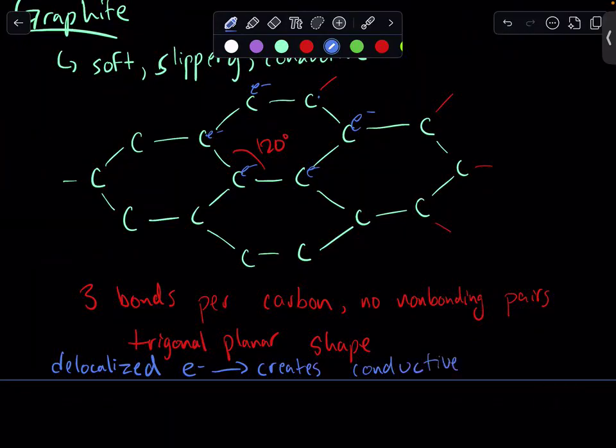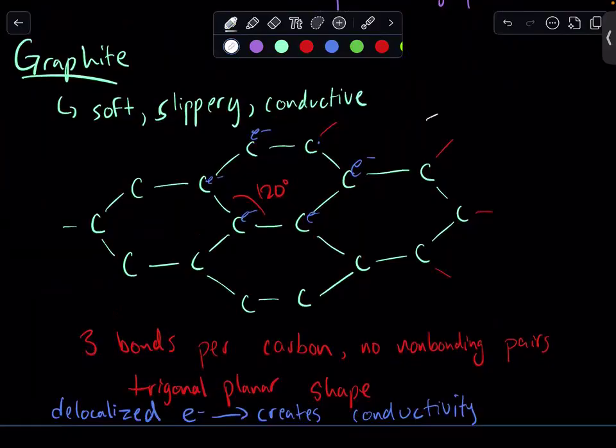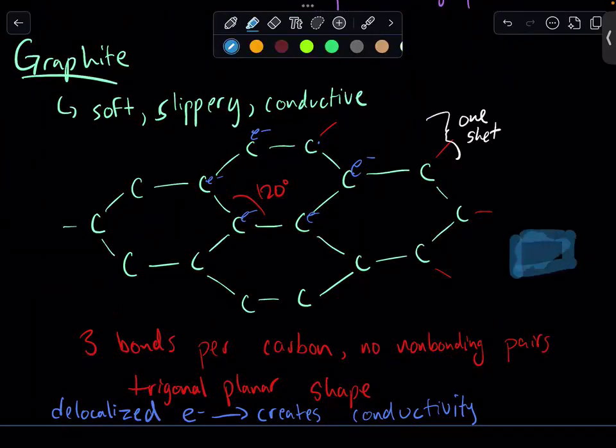But the thing that makes graphite special is this is just one sheet. And what happens is we get a layering of sheets. So we have one sheet, and then layered on top of it, we have another sheet.